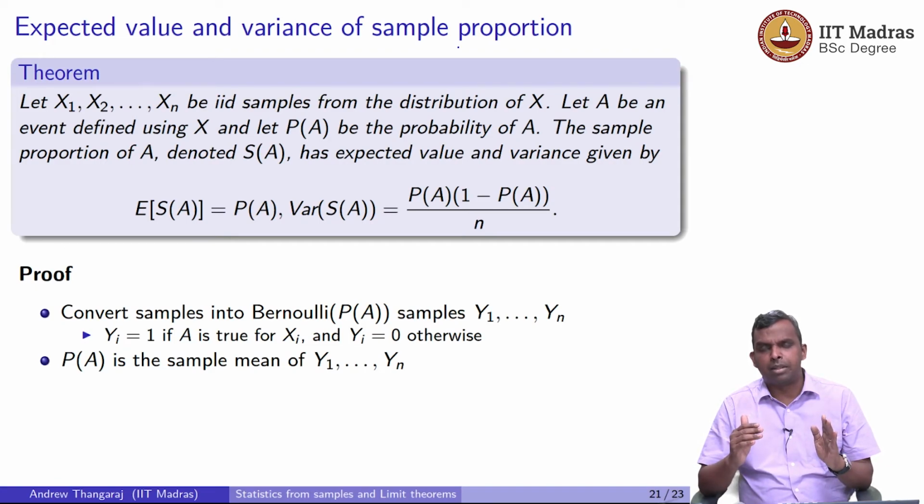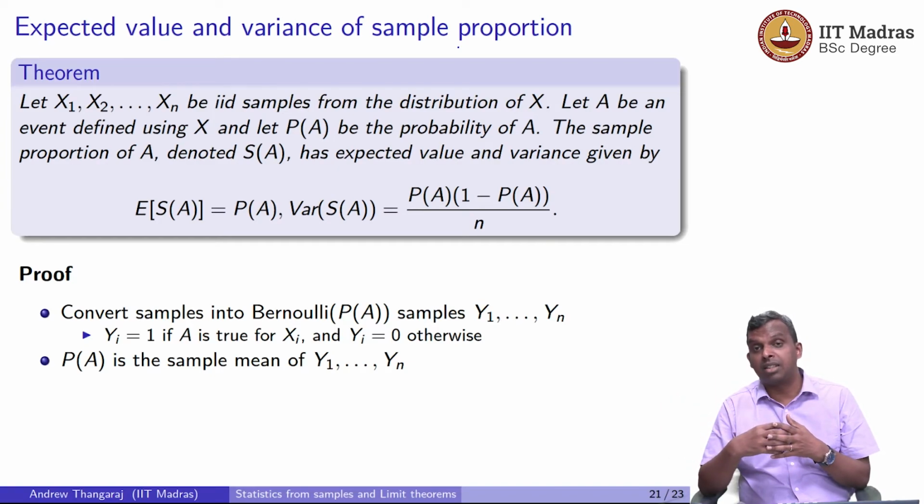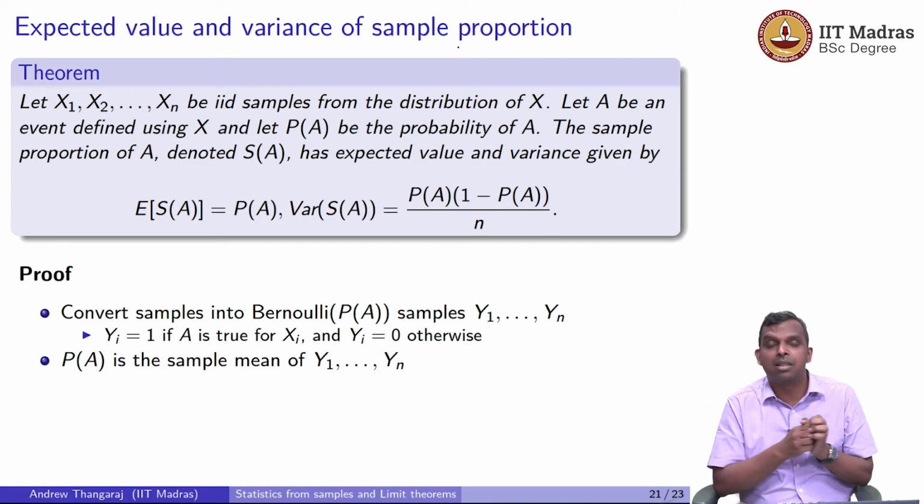You have IID samples, and I'm doing a very simple computation with the samples, be it the sample mean or the sample variance, or in this case the sample proportion of values which satisfy a particular event A. And then I have this wonderful result which connects the probability, or the distribution value, to that simple statistical procedure. So here is the connection.